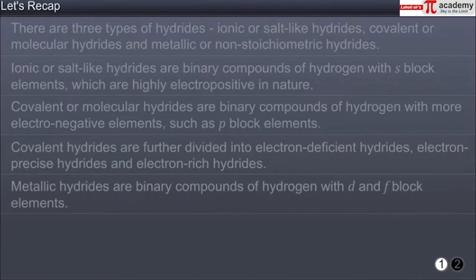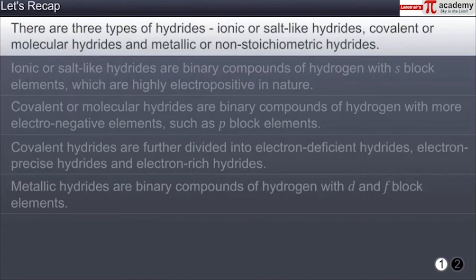You have now reached the end of this module. In this module, you learned that there are three types of hydrides: ionic or salt-like hydrides, covalent or molecular hydrides, and metallic or non-stoichiometric hydrides.